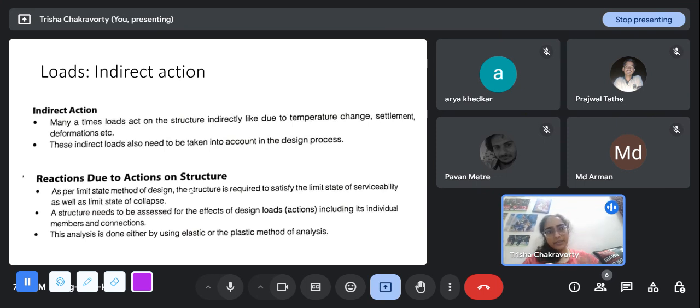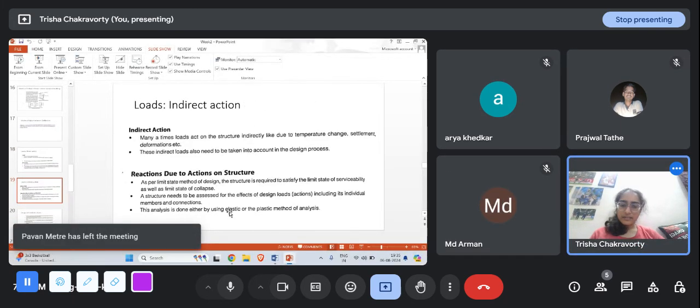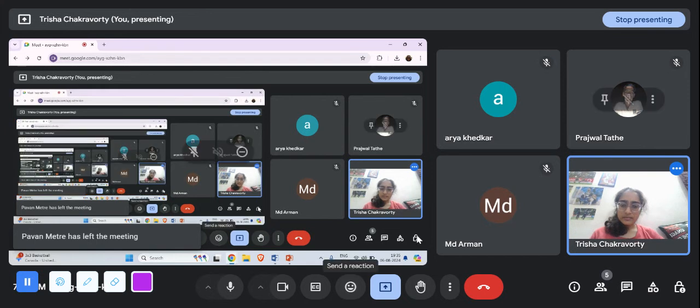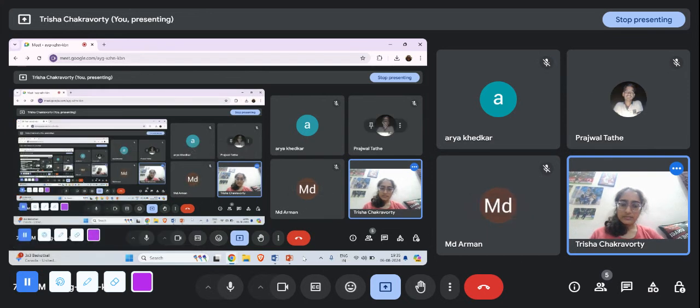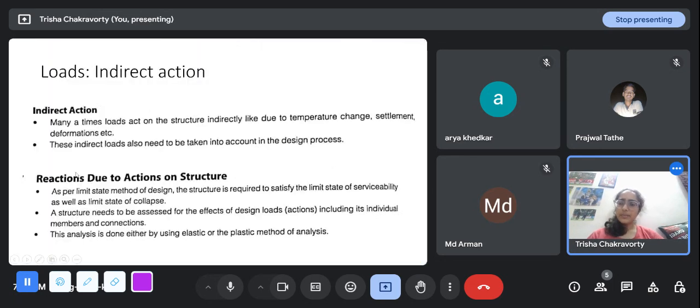So if one element does not take as much stress as we assumed it to take, the stress will be transferred to some other elements. That also develops extra indirect loads in the other sections. So these indirect loads also need to be taken into account in the design process.